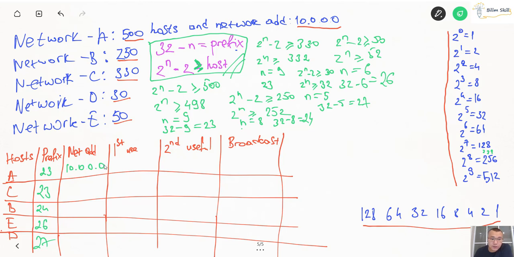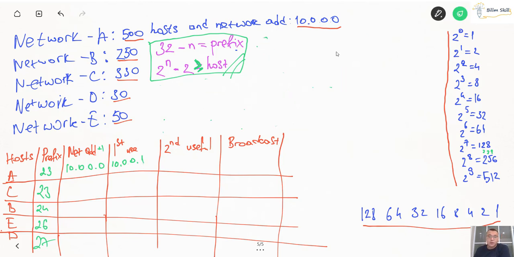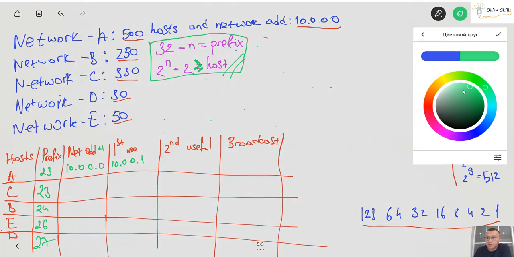We know the prefix and we know the IP network address. We can easily find the broadcast address, first useful and last useful, right? First useful will be like +1 for the network address. So let me change the color.